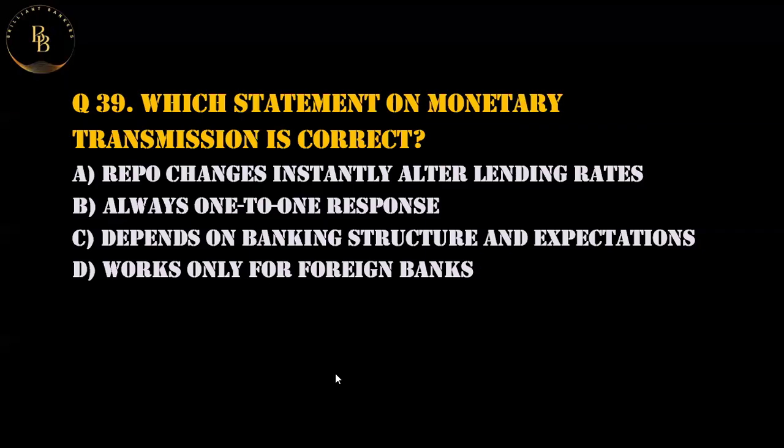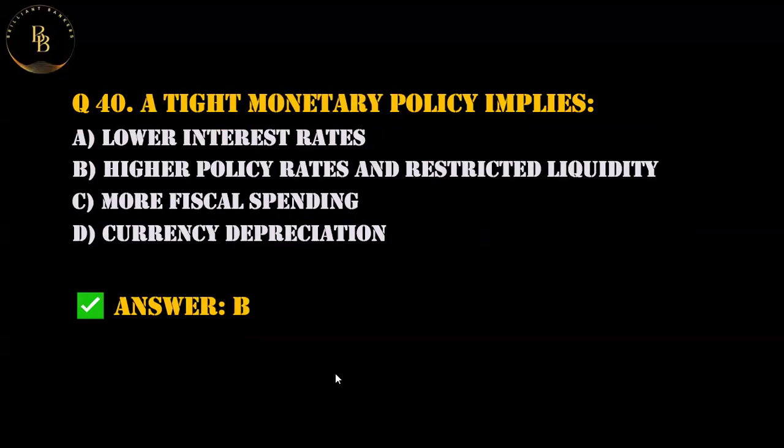And it's option C. It depends on the banking structure and expectations, wherein the transmission lag varies by liquidity, competition, and policy credibility.